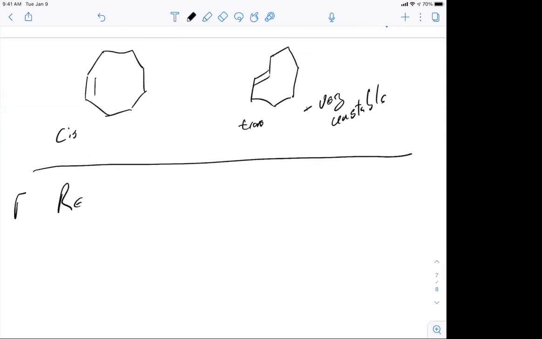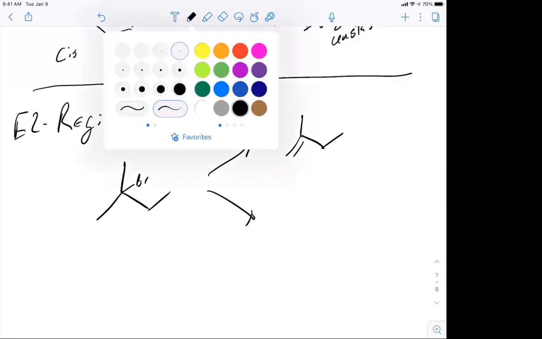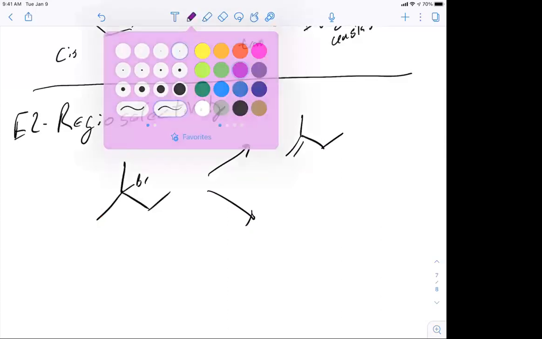When we look at E2, we need to look at regioselectivity and stereoselectivity. So if we look at this group, we have 2 possibilities. We could eliminate to the primary, we could eliminate these hydrogens here, and let's go ahead and draw them in.